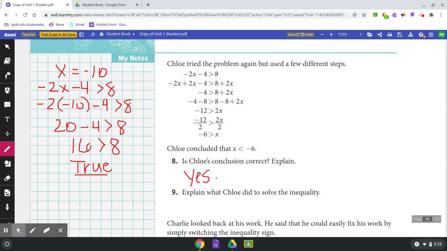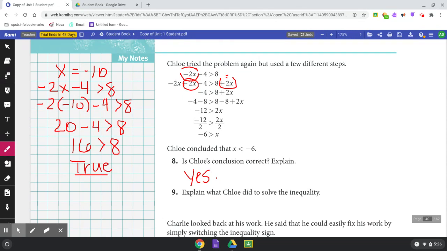What Chloe did that was different than what Charlie did is, instead of isolating the term with a variable by adding 4 to both sides, she added 2x to both sides to change her term with her variable to a positive number. And when she did that, the term with the variable became positive.